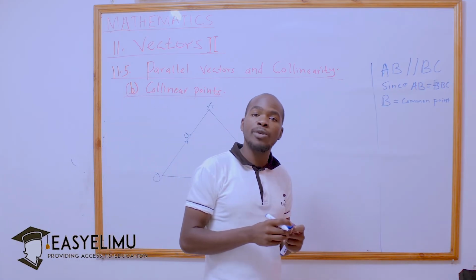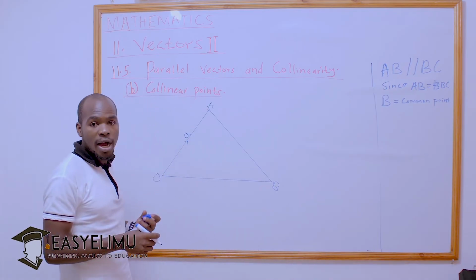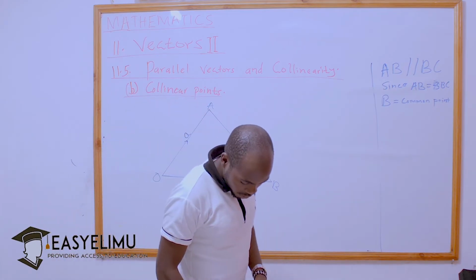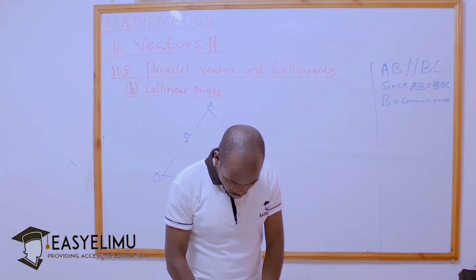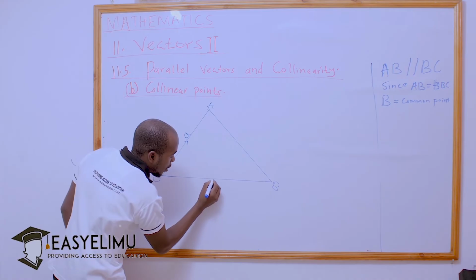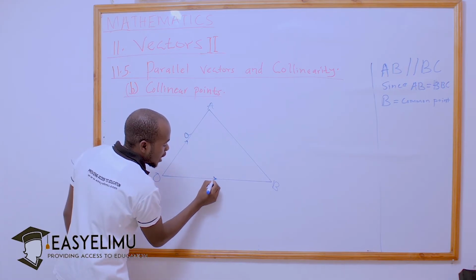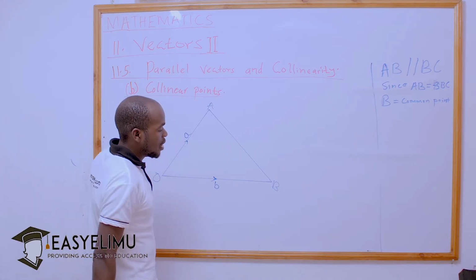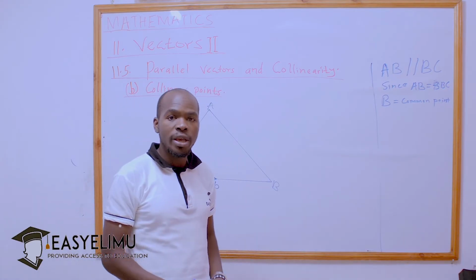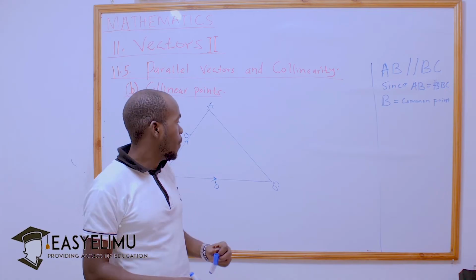You only consider the positive direction, so if you move back, it's a negative. Then OB here will be b. The same applies. So the vector OB moves forward from O to B. If you move back from B to O, it will be negative b.